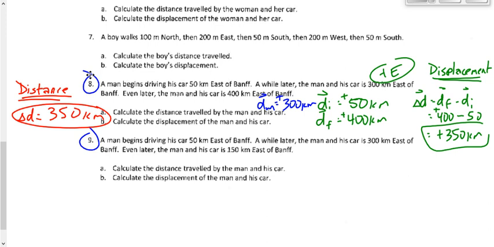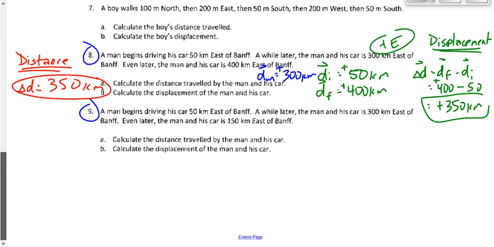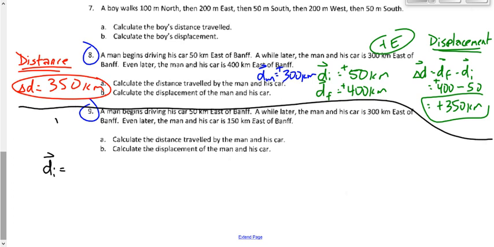Number 9. Once again, in number 9, we're going to make east positive. So everything to the east will be a positive number, everything to the west will be a negative number. My initial position is positive 50 kilometers east of Banff.